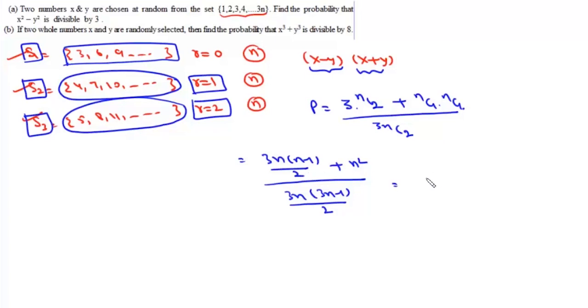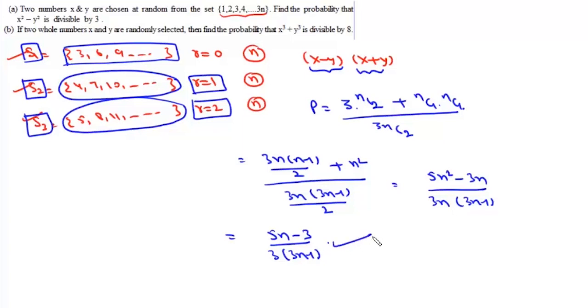Now this is 3n square plus 2n square, and there will be 5n square minus 3n upon 3n into 3n minus 1. So this required probability will be 5n minus 3 upon 3 into 3n minus 1, and that is the answer to this question. So that's your first part.